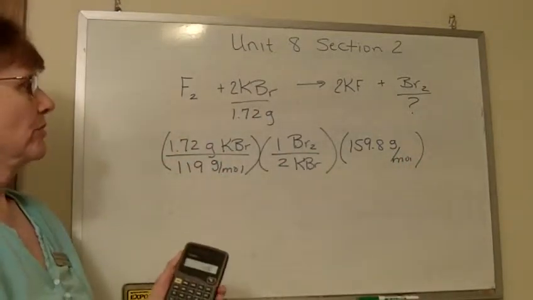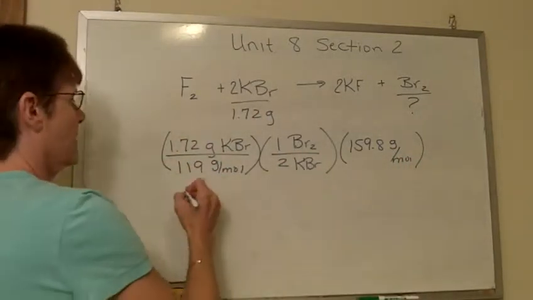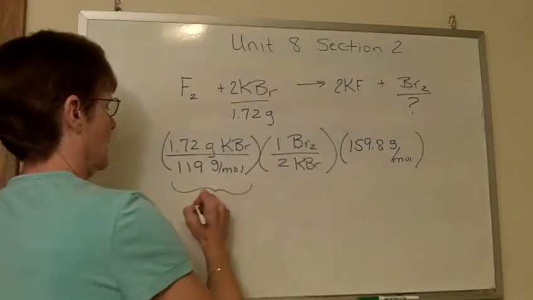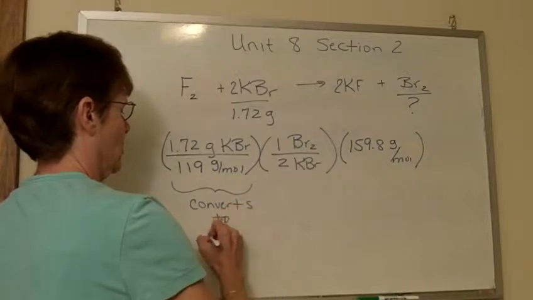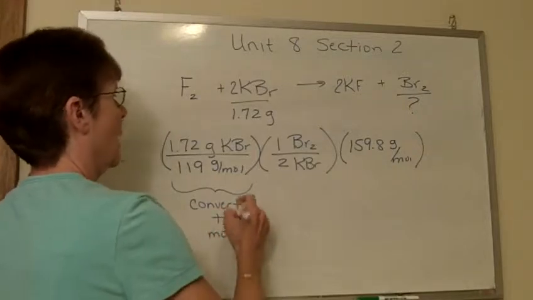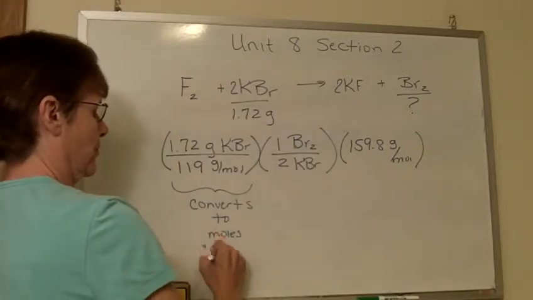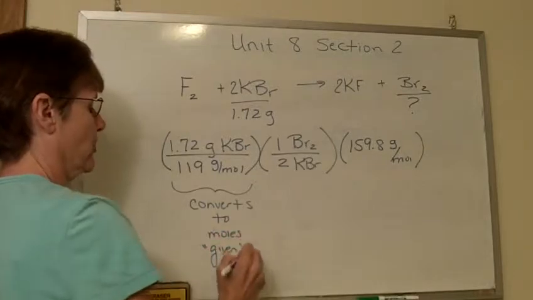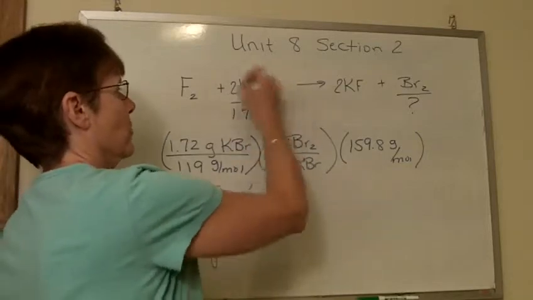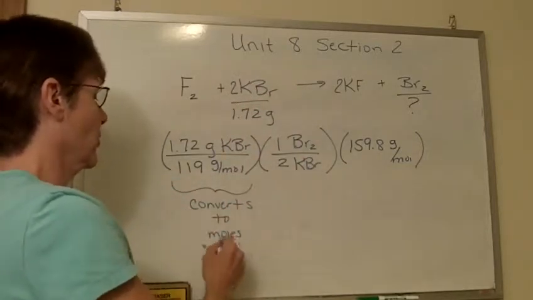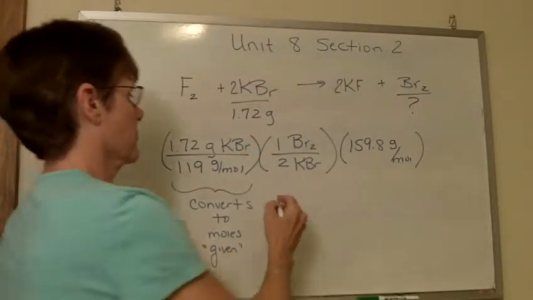All right, so let's just review where we've been so far. This step converts to moles of the given. So that's what we do first. In the problem, we're always given some amount of something, and that's what we had here. So I converted what I was given into moles.